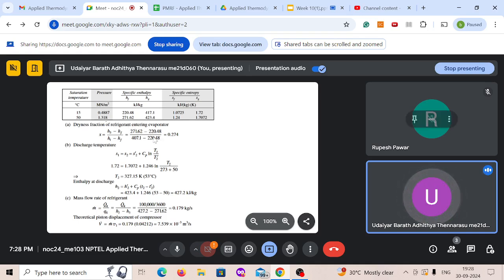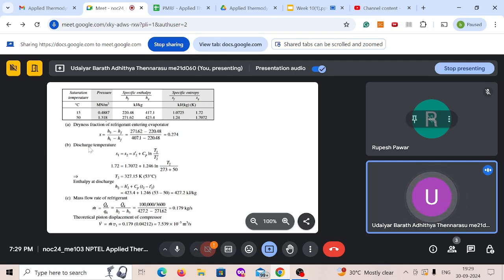So we have to write it there with the 15 degrees Celsius enthalpies, liquid and vapor, so you can find out the dryness fraction. It will be H4 minus HF divided by HG minus HF. So X will come out to be 0.274. That is the dryness fraction of the fluid when it's entering the evaporator.